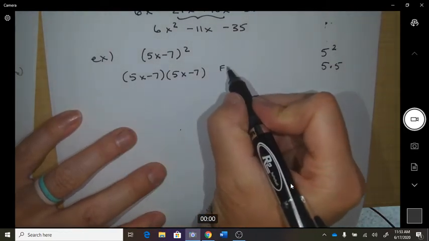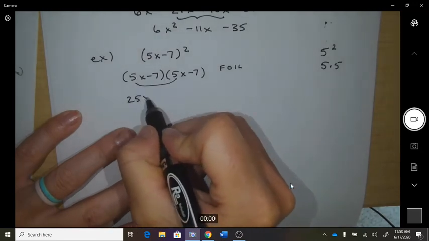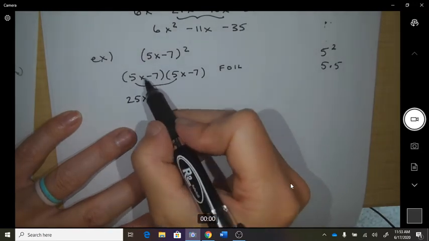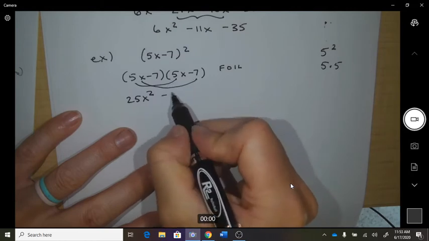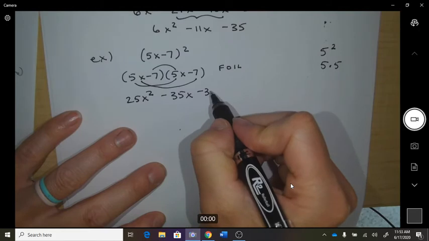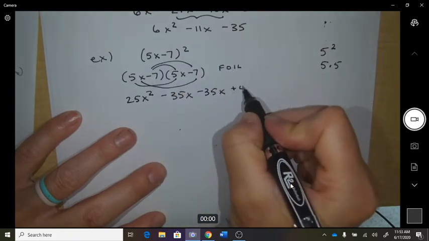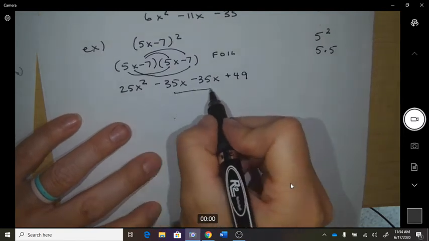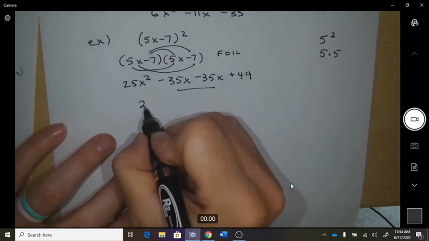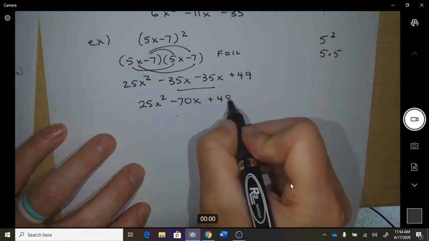Okay, and then I'm going to try the FOIL system. 25x squared. Outsides are negative 35x. Insides are negative 35x. And then last is plus 49. Those two terms I can put together. 25x squared minus 70x plus 49.